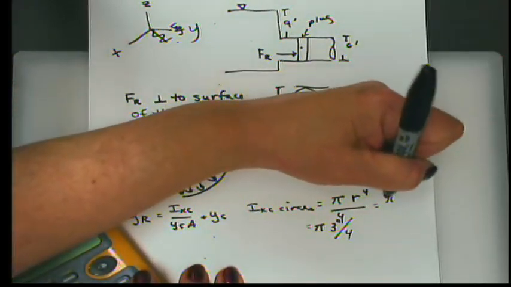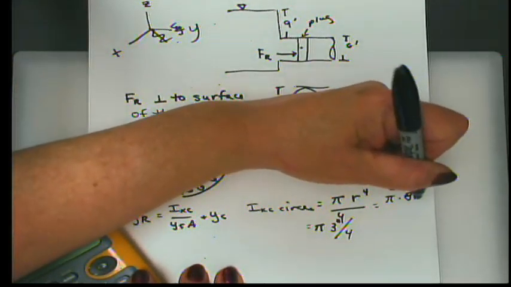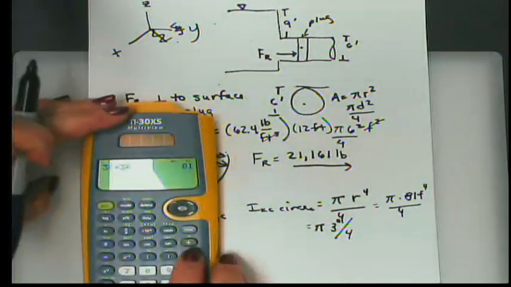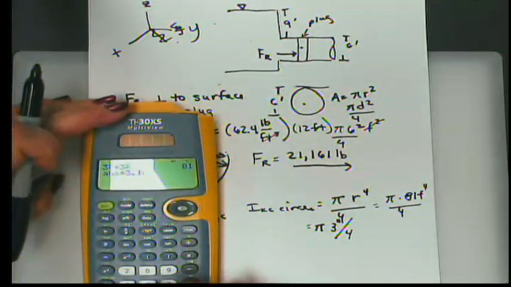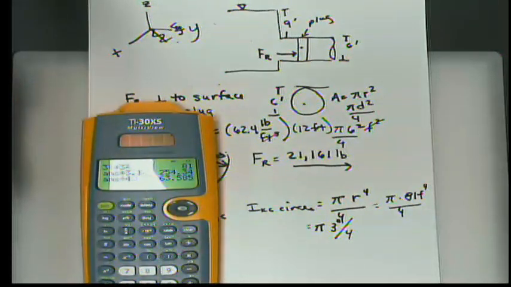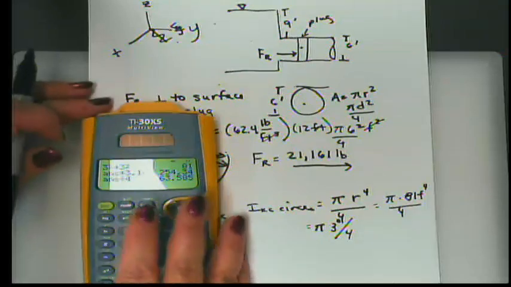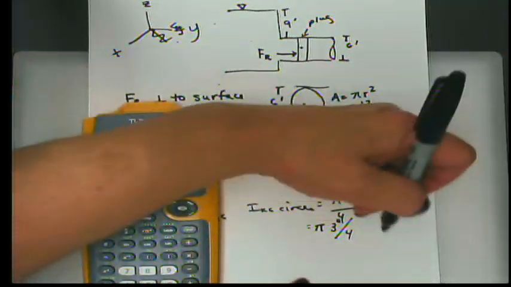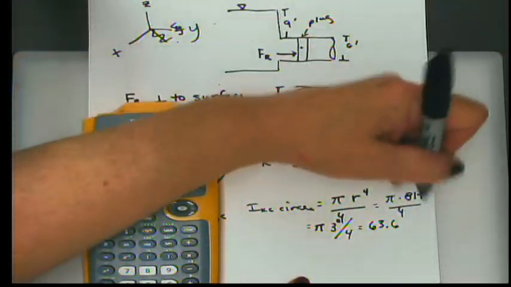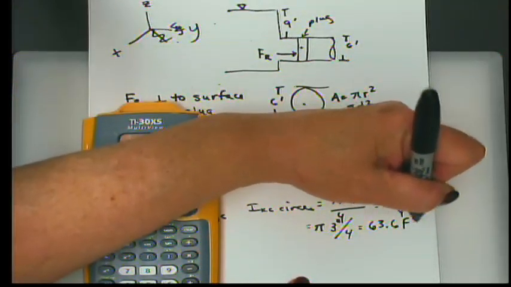So I have pi times 81 feet to the 4th over 4. And if I do the math on that, divided by 4, that gives me an I sub xc value of 63.6 feet to the fourth. All right.